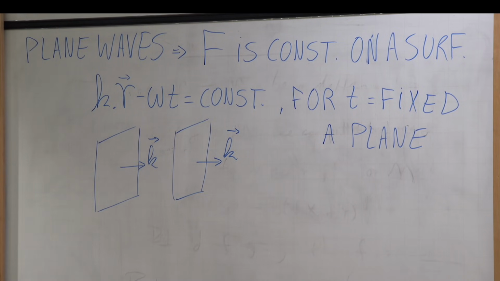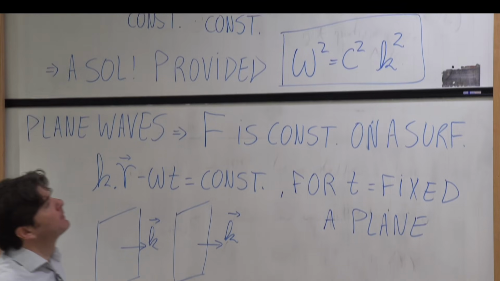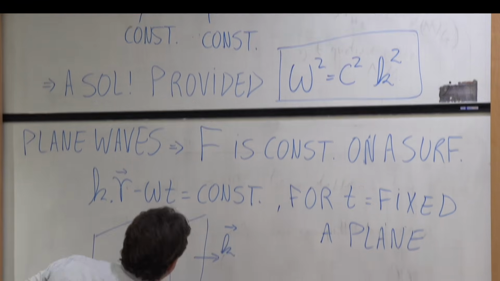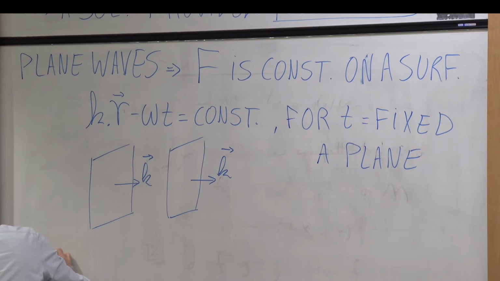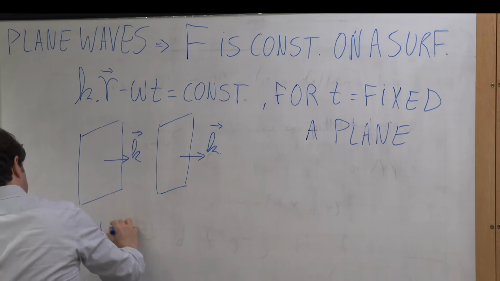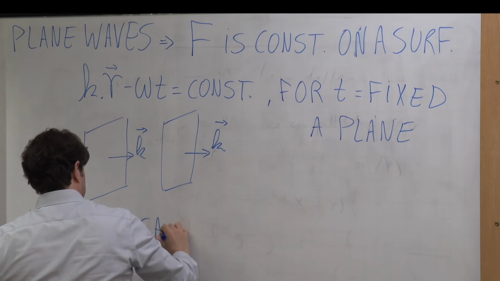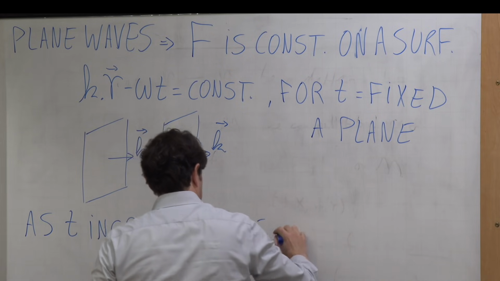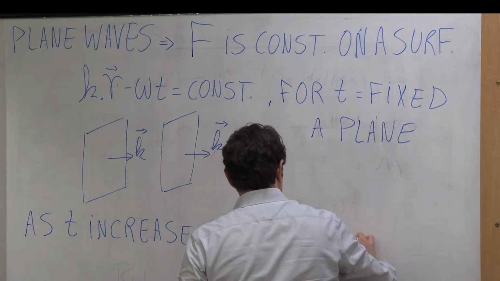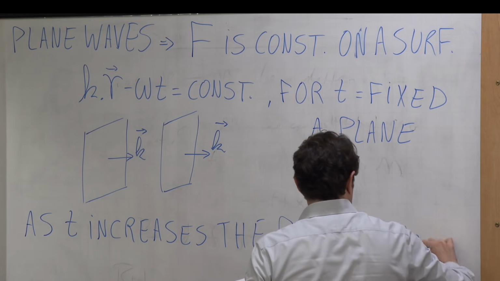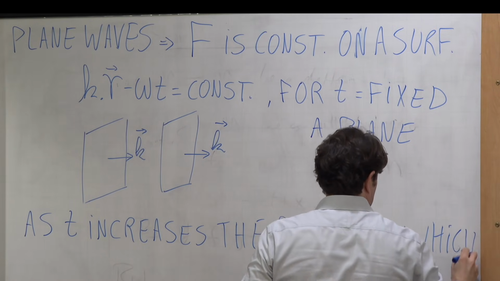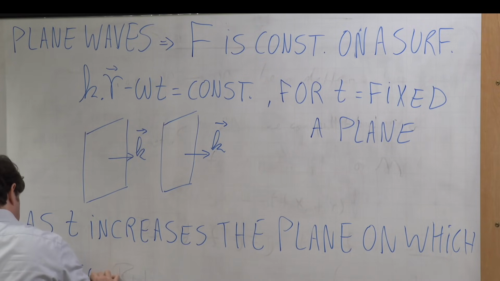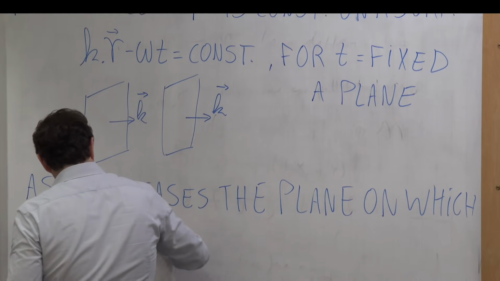Which is omega over k. So as t increases, the plane on which f is constant moves.